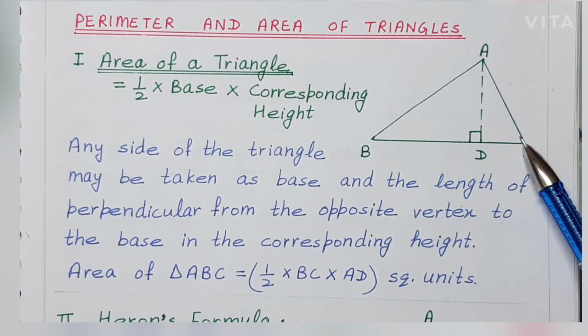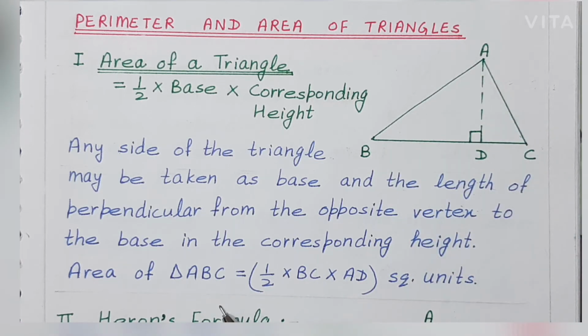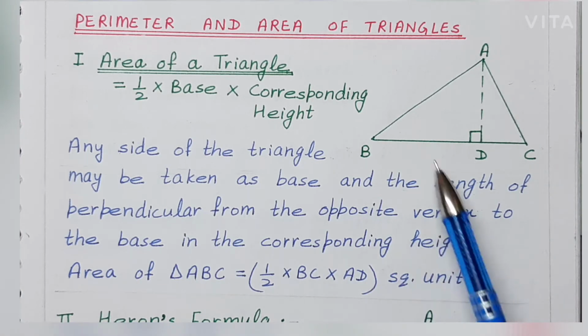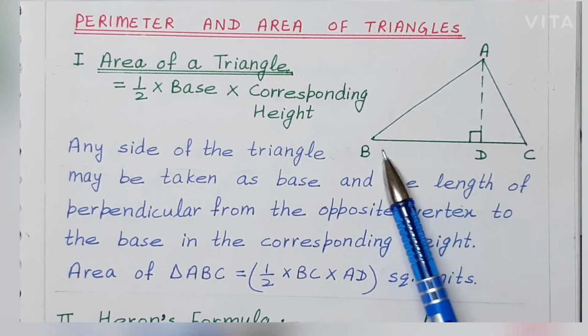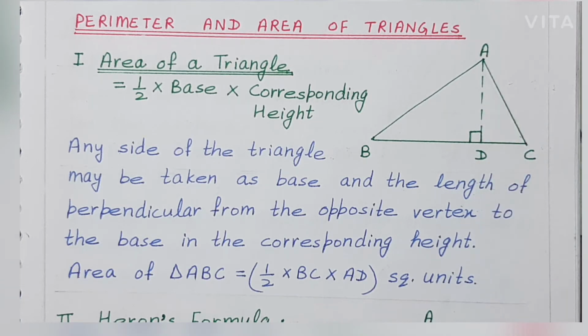Clear? So in this triangle, area of triangle ABC is equal to half into BC into AD square units. I hope it is clear to everyone. Students, this formula we have already done in the previous classes, so you will find it very easy to apply. Clear?